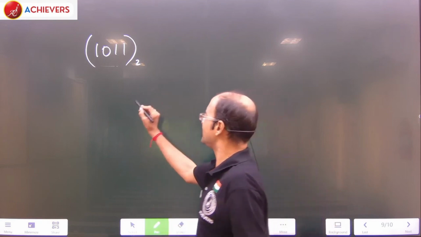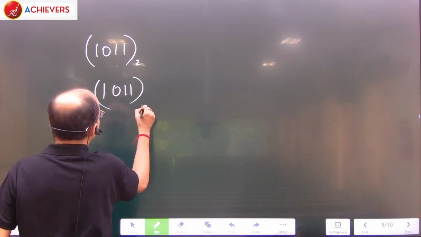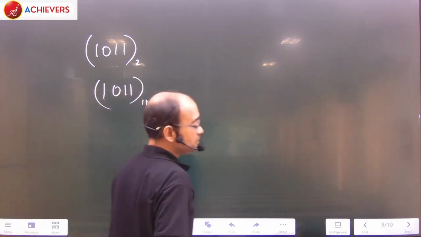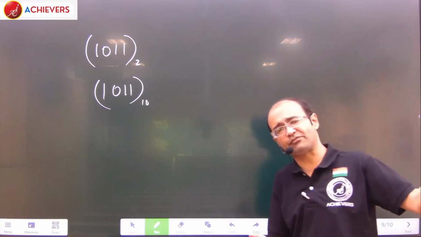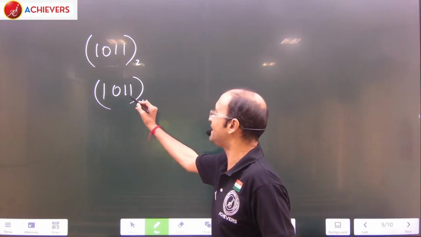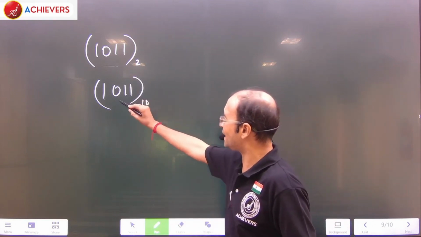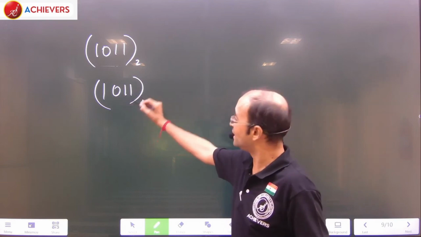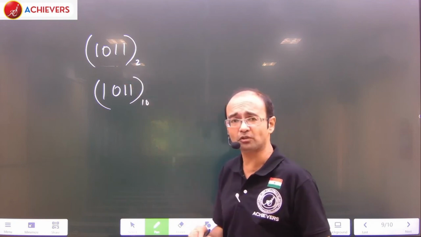Now instead of this, if we write 1011 with suffix 10, as we are acquainted with the decimal number system from childhood, we can easily understand this as 1011, based on 10 to the power 0, 10 to the power 1, 10 to the power 2 and 10 to the power 3.